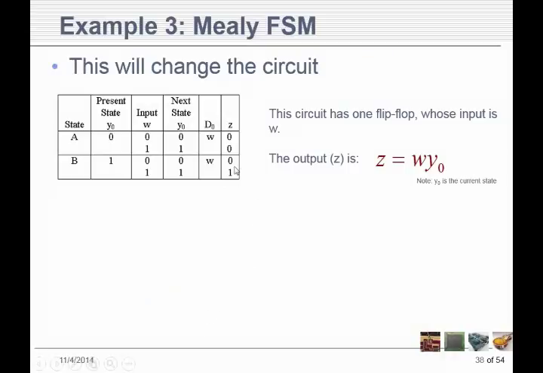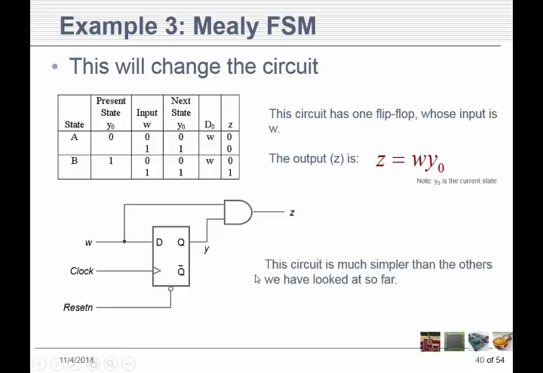So when you've got that, we can say that Z is equal to W and Y0. Because, or I'm sorry, Y0 and W, when Z is 1, if this is a 0 or that's a 0, then Z becomes a 0. And that was simplified.